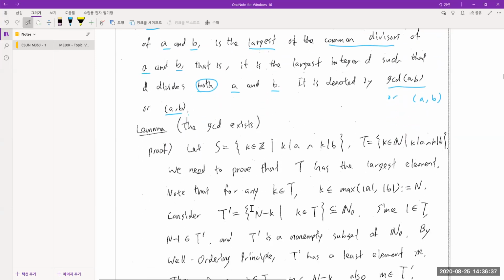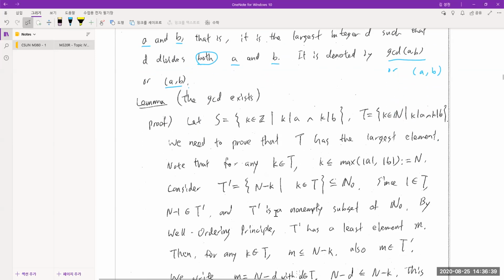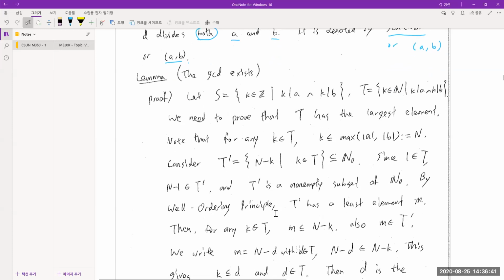The next lemma is that the GCD exists. So we set up the two sets S and T. S is the set of all common divisors of A and B, and T is the set of all common positive divisors.